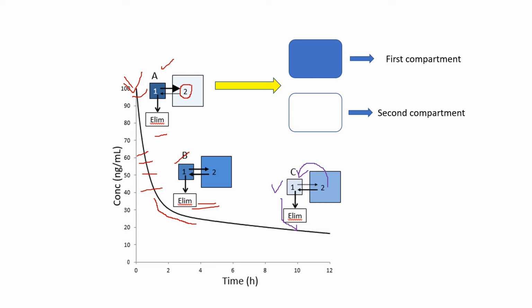That is elimination from this compartment, but re-equilibration is moving drug back in. That's why the rate of decline of concentration in compartment 1 is very slow at this late stage. So at the very beginning, that is in A, there will be a first drop, then a gentle drop at time point B, and at time point C, there is a very slow drop in the concentration of the first compartment.